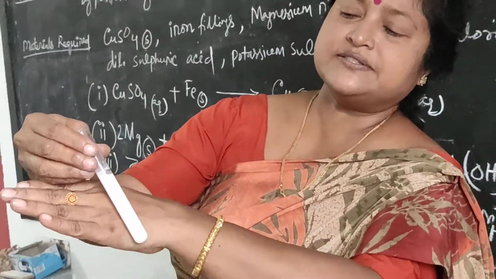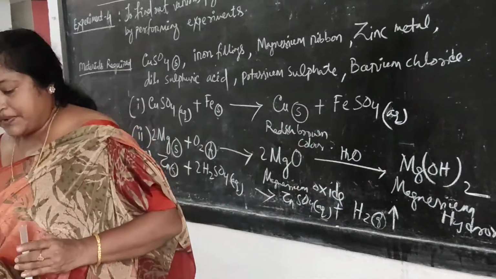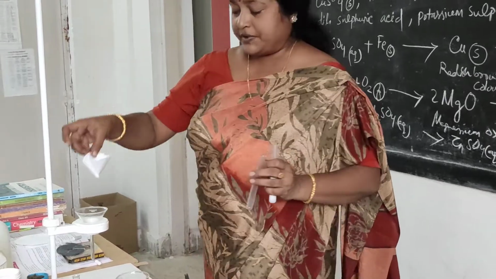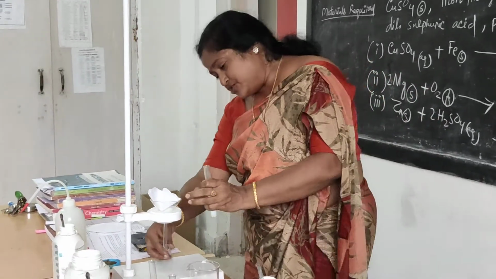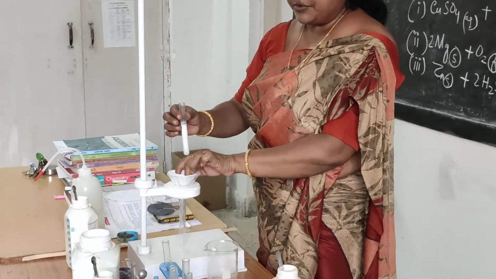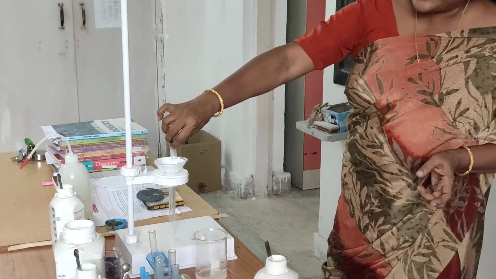You see, students? This precipitation reaction means if I want to collect, I have folded a filter paper. Suppose I will show you how to separate this precipitate. Look at, students, I am doing this practical for you people. I am just filtering it.